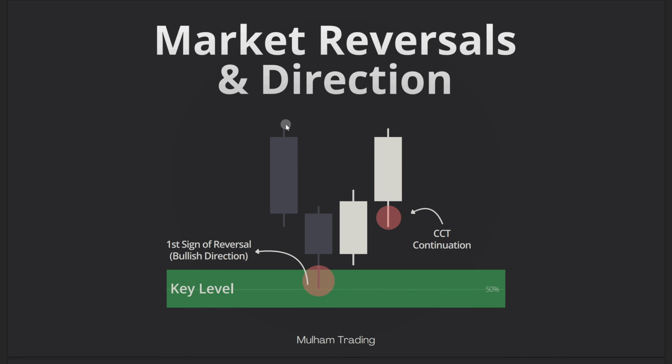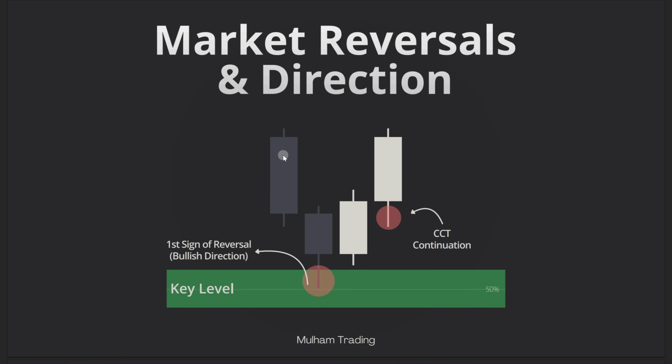Now this method can tell us when the reversal is happening, as well as an indication of the direction. Now what does that mean? Bearish candle, and these are bullish candles, right? So that is a key level, and we're focusing on 50% of the key level. Now this is an optional thing.